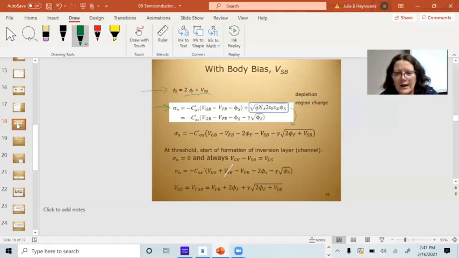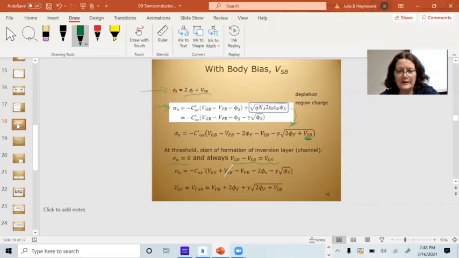We decided this was gamma times 2 phi f. We're going to include the effect of the body to source voltage in there. And that's the charge at the surface. At threshold, when I'm starting to form the inversion layer, the charge at the surface is going to be 0. And then the inversion layer can form and I can get more negative charge there.